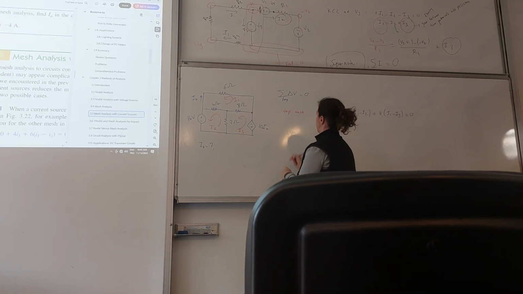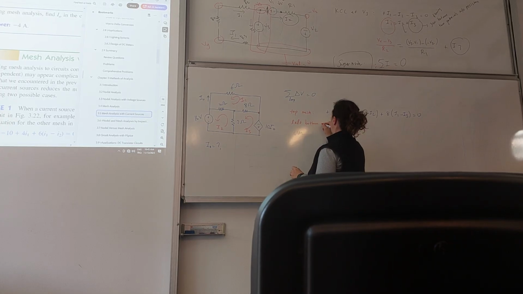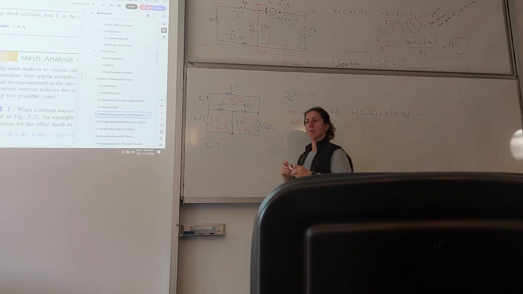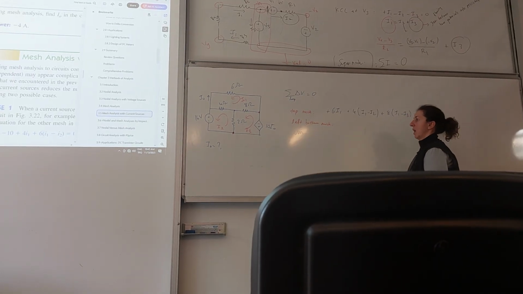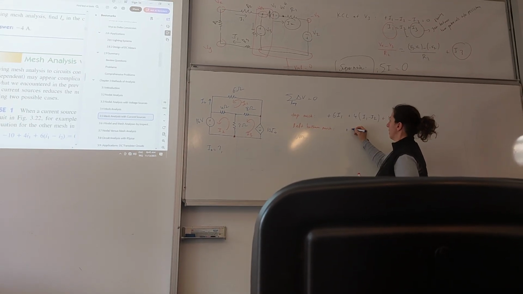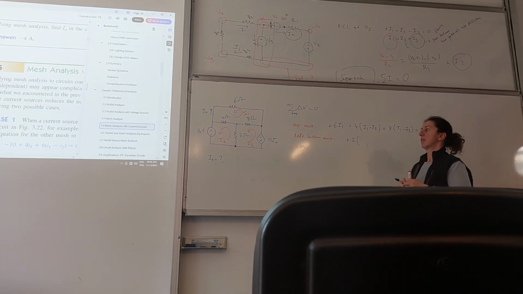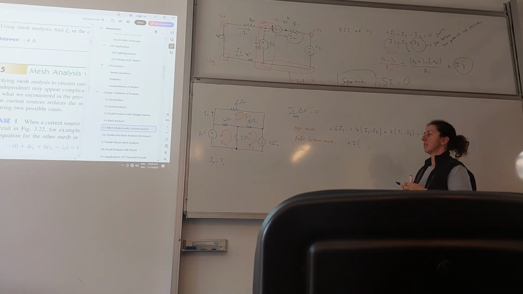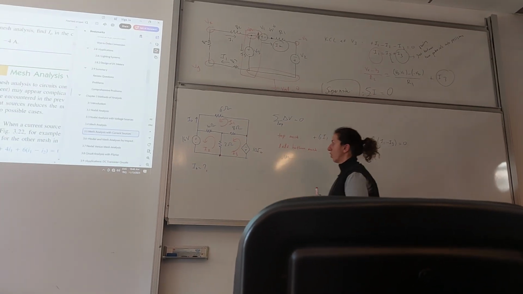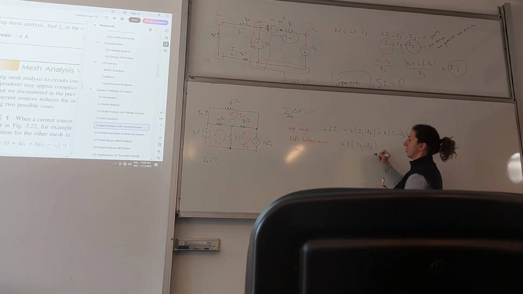Now, the left bottom mesh. So again, I am starting from here. I am moving upward across 2 ohm. So it's going to be plus anyway, because that's how we write for the resistors. I2 minus I3. I2 is moving in the upward direction, I3 is moving in the downward direction, so it's going to be I2 minus I3.